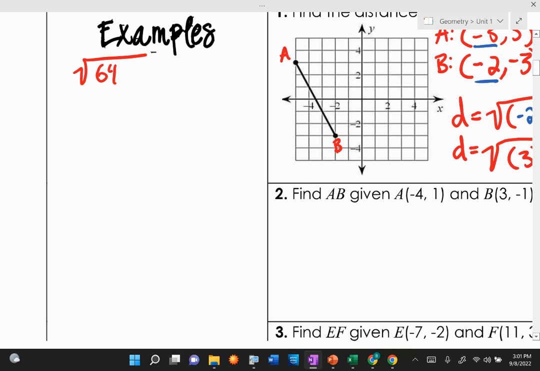So what's a prime number? 8? No, but those are great guesses. A prime number can only be divided by itself and 1, okay?